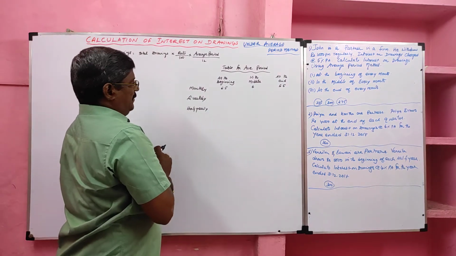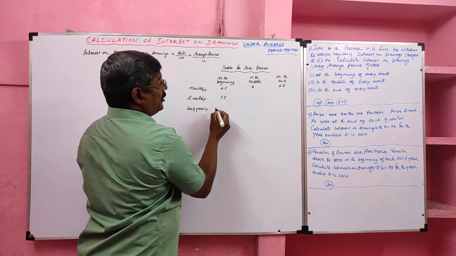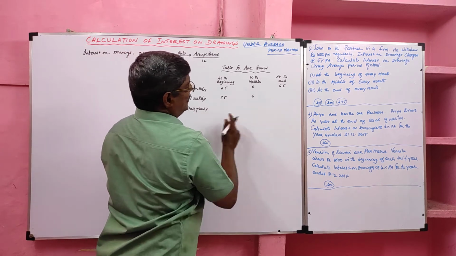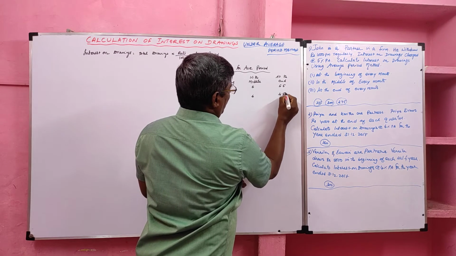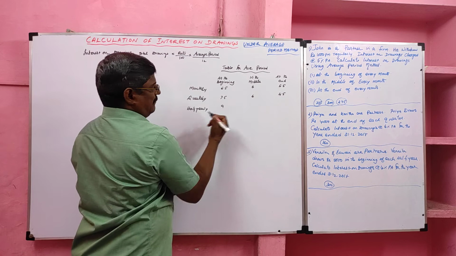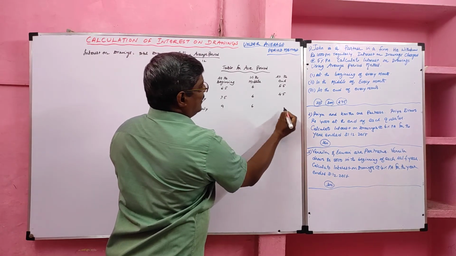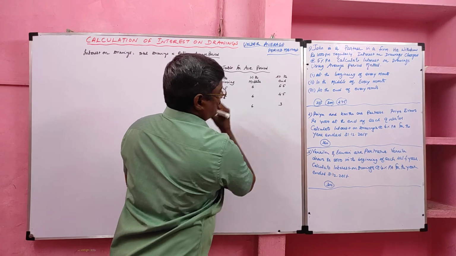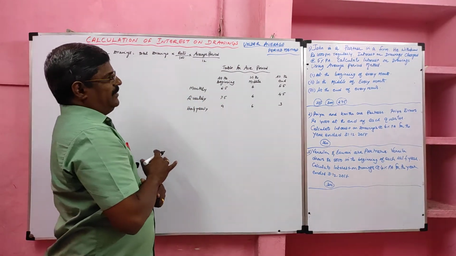Then quarterly, start with 7.5. Reduce 1.5, you will get 6. From this, you reduce 1.5, you will get 4.5. Then for half yearly, start with 9. For the middle, reduce 3. Then at the end again reduce 3, you will get 3. This is the table for the average period.